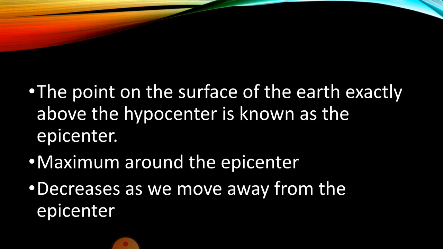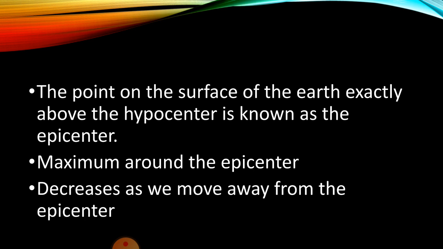See, in this, the waves of the earthquake spread outward from the epicenter. When the waves of the earthquake spread outwards from the epicenter, this point on the surface of the earth exactly above the hypocenter or focus is known as the epicenter.